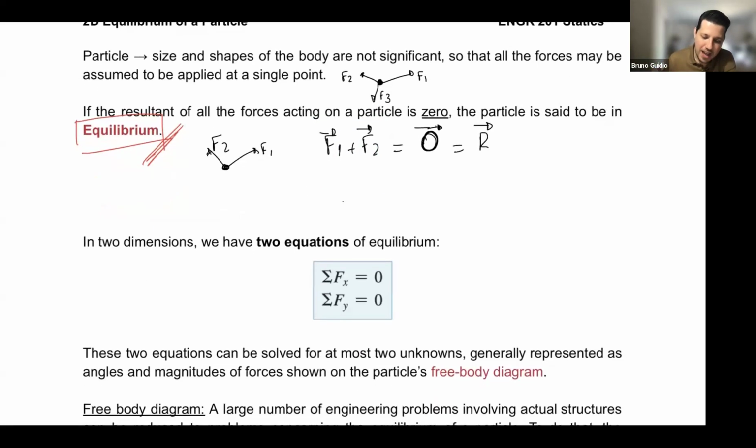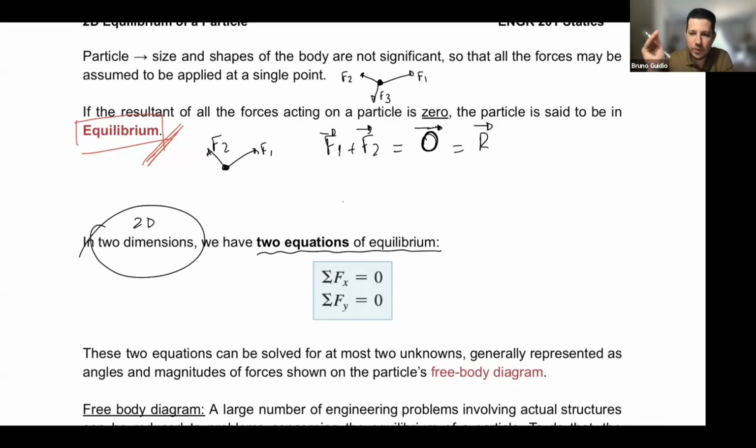But we can summarize it as 2 equations here. What do we call the 2 equations of equilibrium? Of course, because we are talking about 2 dimensions, 2D. And what are those equations? Well, it's logical.